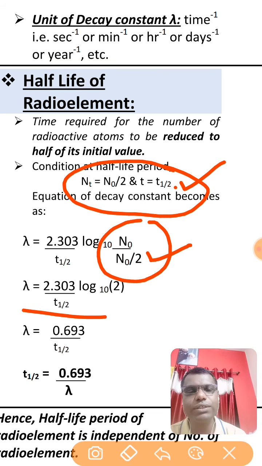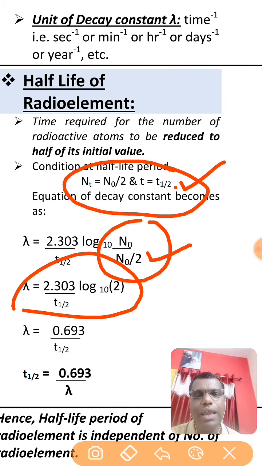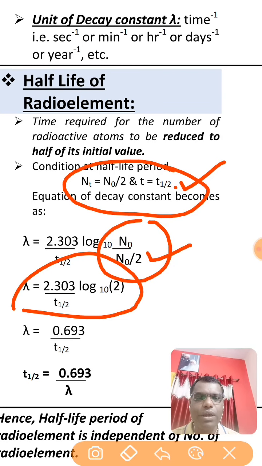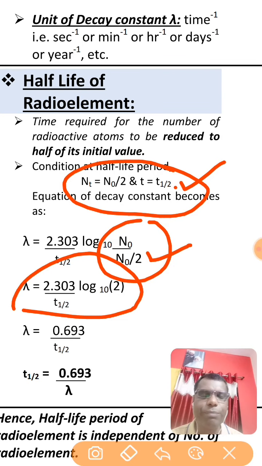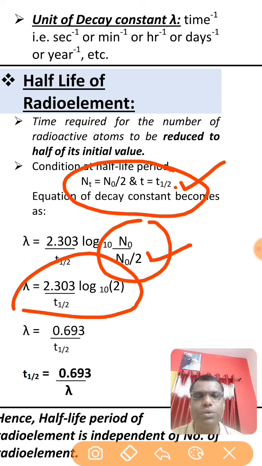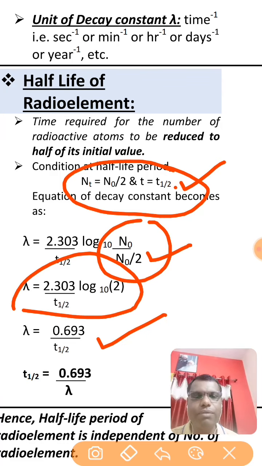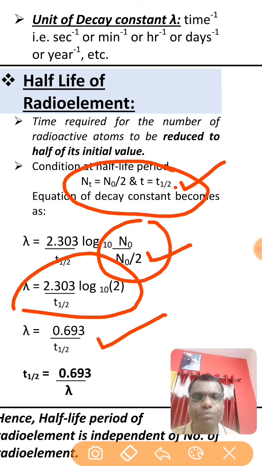Simply we get the equation that lambda is equal to 2.303 upon t 1 by 2 times log of 2, and you know very well this log of 2 is 0.3010, so 0.3010 into 2.303. After this we get the equation that lambda is equal to 0.693 upon t 1 by 2.